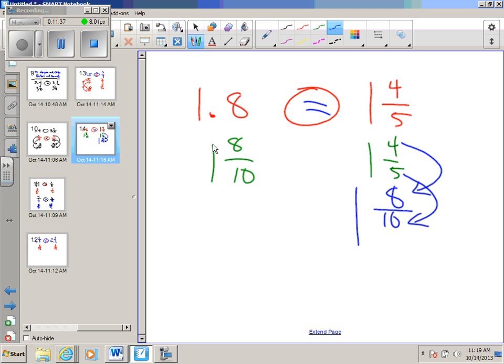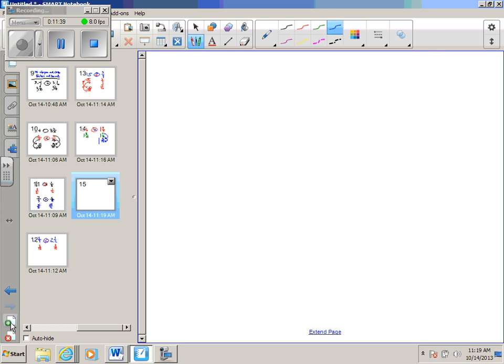Well, let's use the same one. 1.8 and 1 4/5. If I want to go this route, I want to put them both in decimal form. How is it that we put a fraction into a decimal? Do you remember? Using division. Which one always goes on the outside?